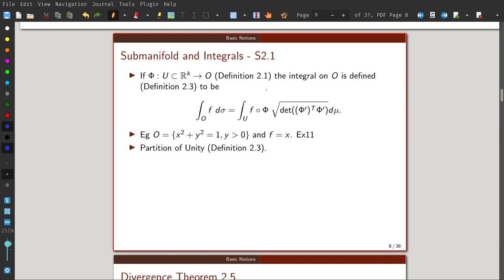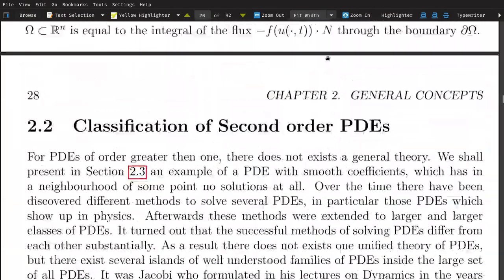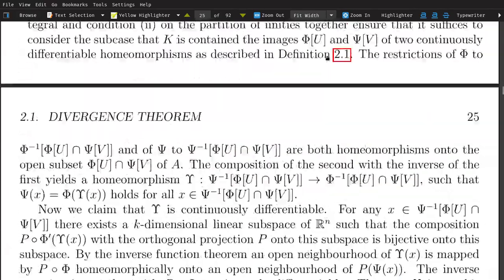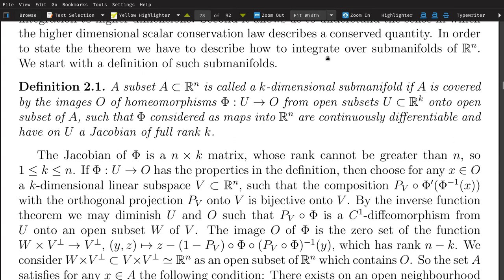All right. So we make a new definition. The first part of the new definition is in 2.1, and it is about the definition of what it means to be a submanifold.